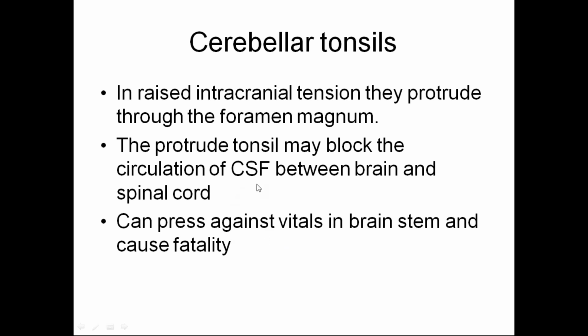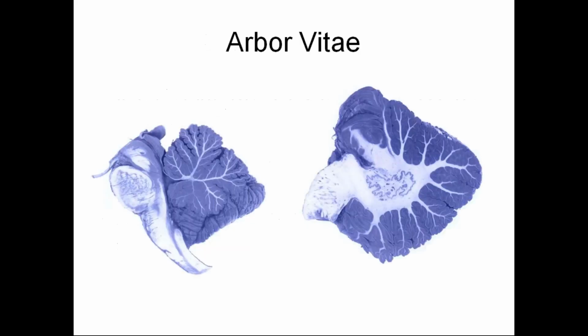Many conditions happen where the cerebellar tonsils protrude out. It also happens congenitally. We see that also when we do fetal autopsies. That's called the Arnold-Chiari syndrome. It can be present, and it should always be taken care of, because it can lead to very serious conditions.